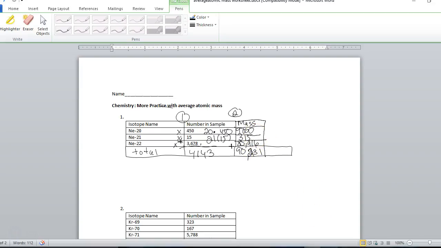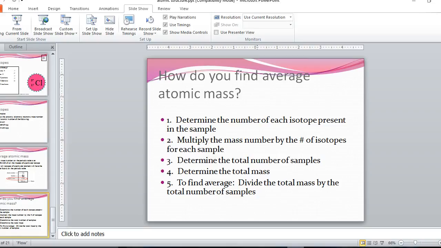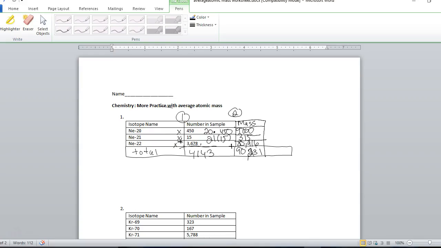Okay, the last step is to find the average. You're going to divide the total mass, the bigger number we just got, by the total number of samples. So our total mass is 90,231, and I'm going to say my average here. I'm going to do 90,231, the total mass of my whole sample, divided by the number of atoms in this sample, 4,143.